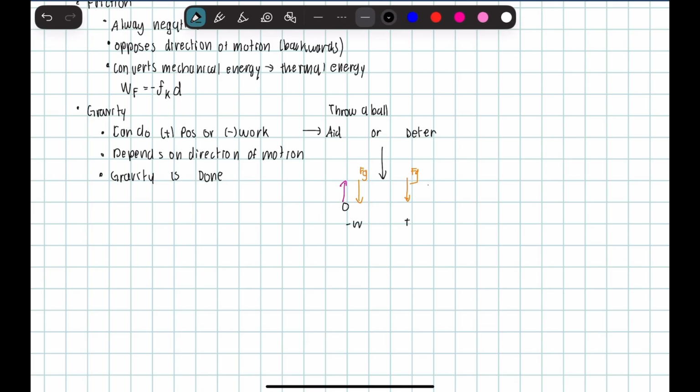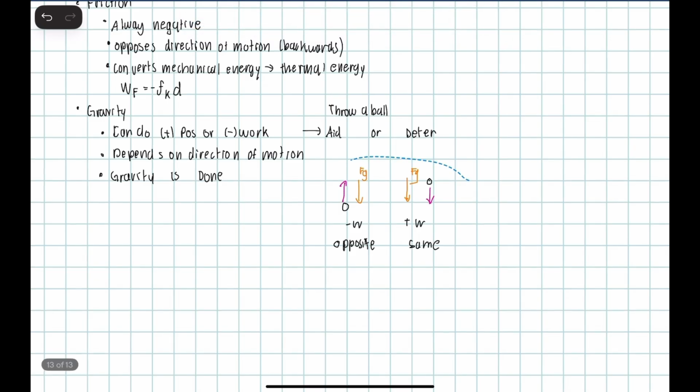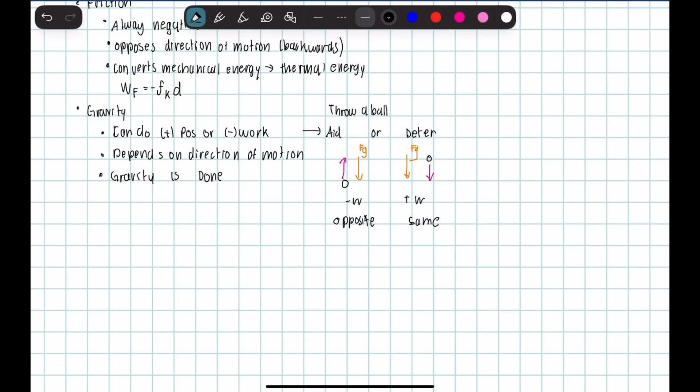But if the ball is falling down, it's doing positive work because the ball is going down in the same direction as gravity. That's opposite motion in one case and same direction of motion in the other. So it's essentially aiding or deterring, and that's what it means.